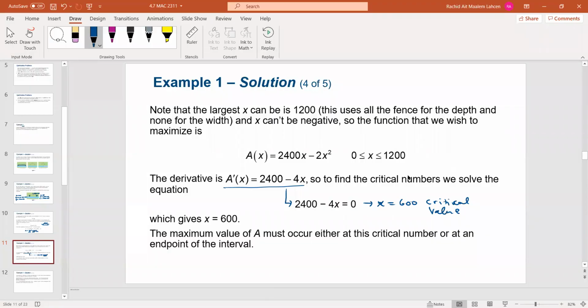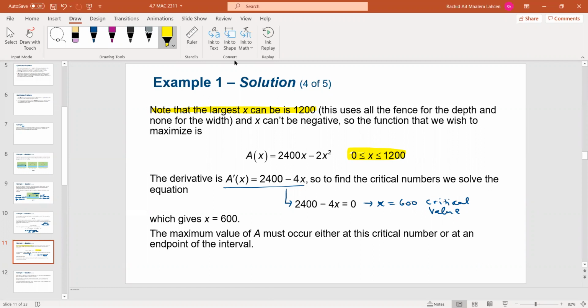So let's recognize where this 1200 came from, right? Because it's from this note here that the largest x can be 1200. Because if you have one x, one width, you have to have the other width, that's 2x. The whole thing is 2400.